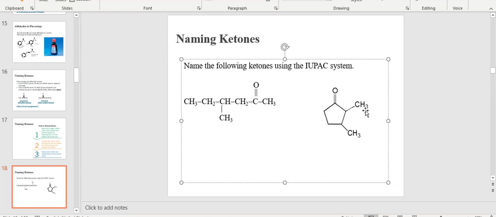So I got methyl groups coming off of here, and I've got a ketone coming off of here. So maybe this might be cyclopentanone. Would this be your number 1 carbon? Making this number 2, number 3. All right, see if you can get these. You can pause it and try it out anytime.